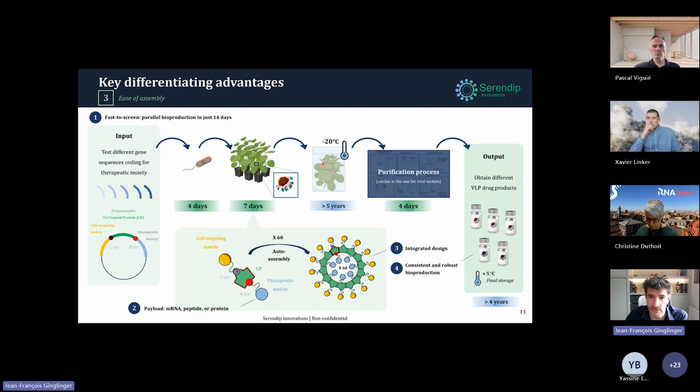The leaves, you can freeze them and store them for a long time. There is a purification process that is very similar to the one of viral vectors, and in the output you get a very consistent and robust drug product that you can store for a very long time at 5 degrees. And here I'm talking about the VLP in itself.